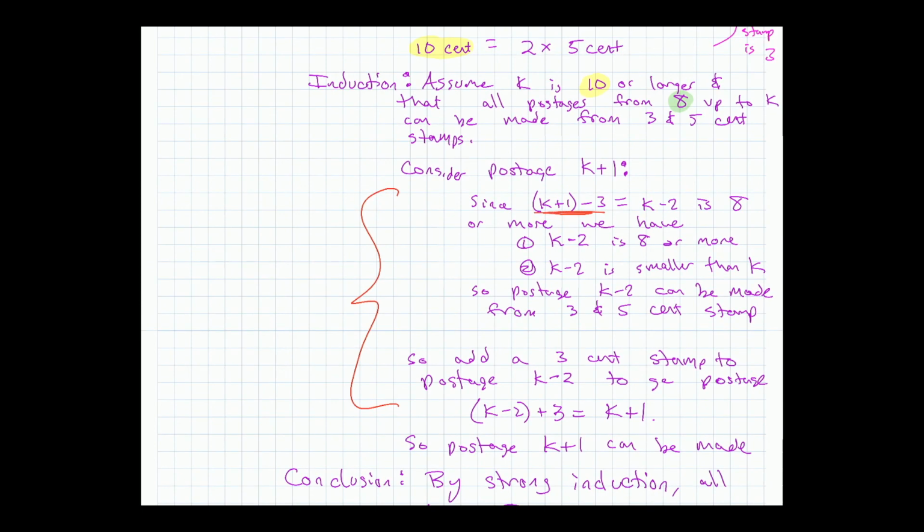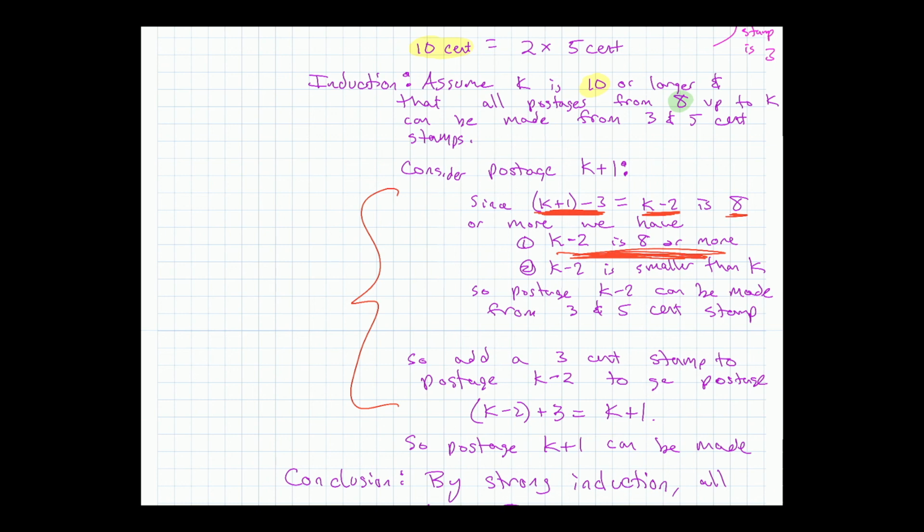So this is the key here. You're trying to make postage K plus 1. So if you subtract the small stamp away from K plus 1, you get a different number, K minus 2. Well, that number is set up to be 8 or more. So it's 8 or more, right?